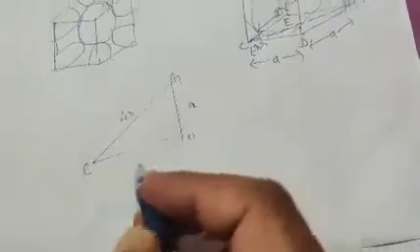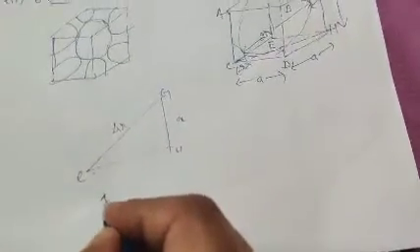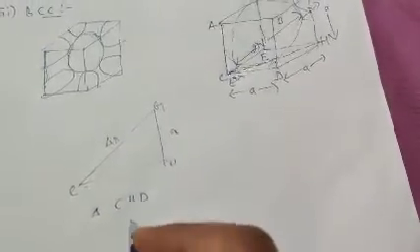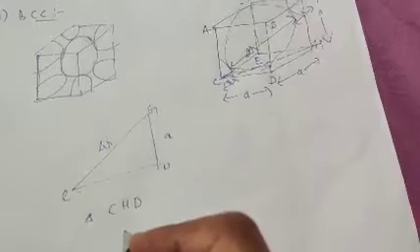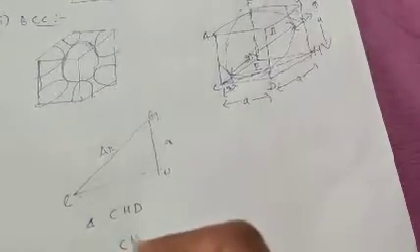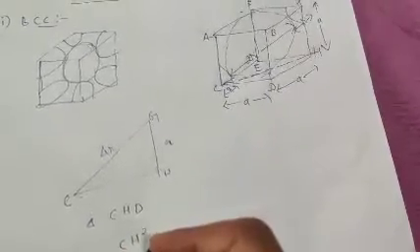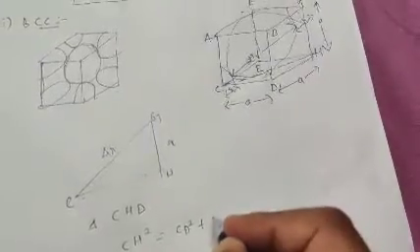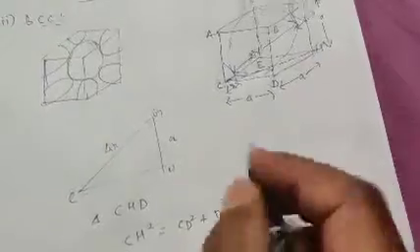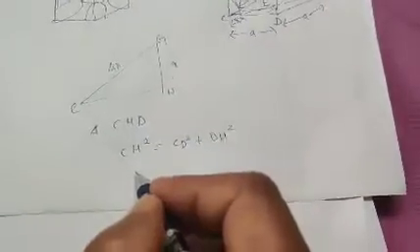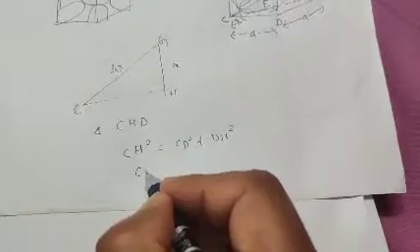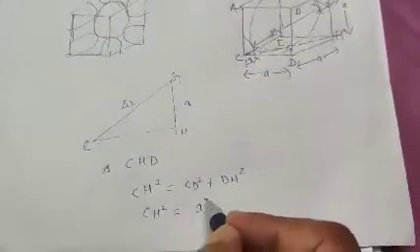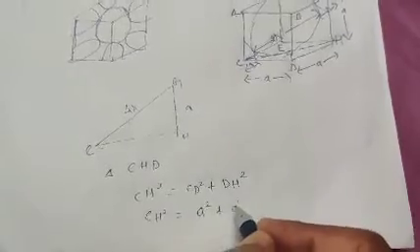So from triangle CHD, CH is the hypotenuse, so CH square will be CD square plus DH square. CD is equal to a and DH is also a, so CH square will be 2a square.